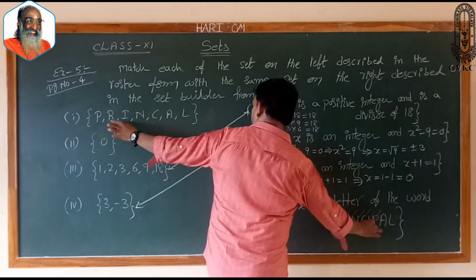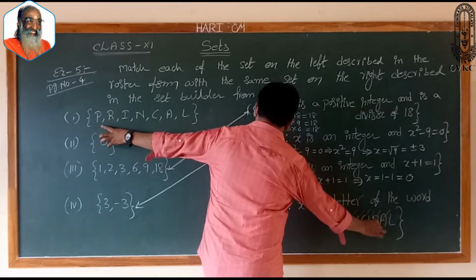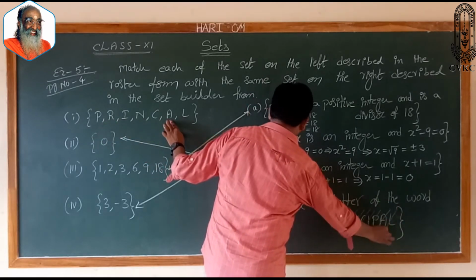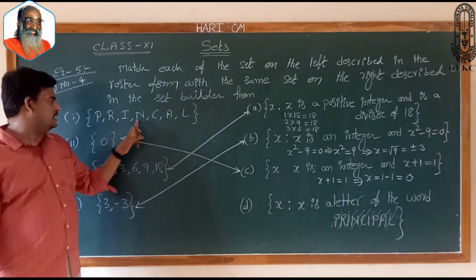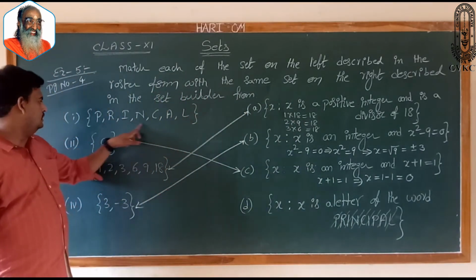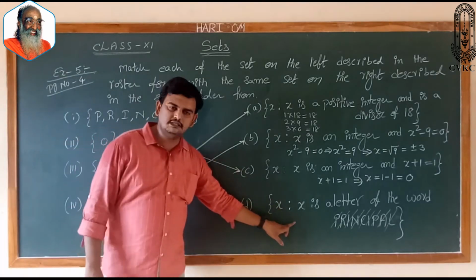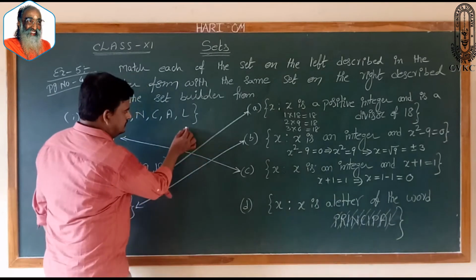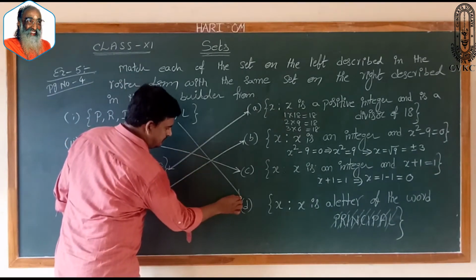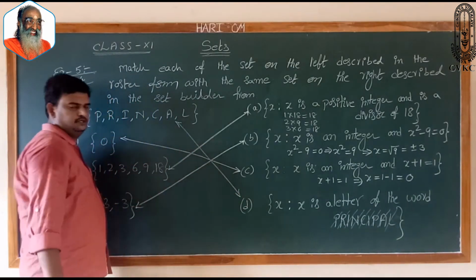Next, T is already repeated. A, here we have. L, here we have. So P, R, I, N, C, A, L. All these are elements in the word principal. So these two can be matched.